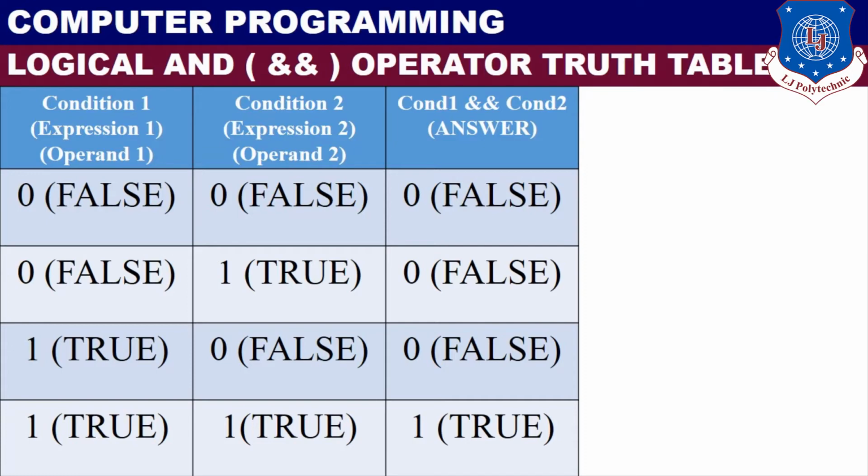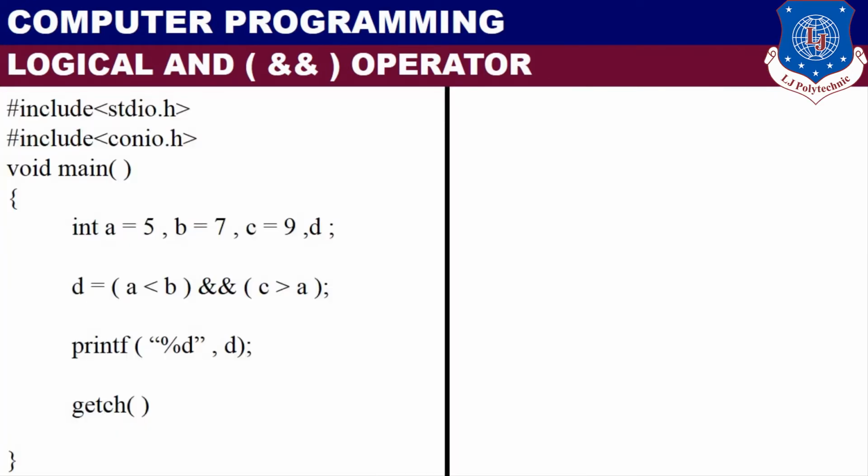Let's understand this logical AND with a C program. Here we are including stdio.h and conio.h, our header files. We are starting our main function. Here I took 4 different variables of integer type: int a equals 5, b equals 7, c equals 9, and d.